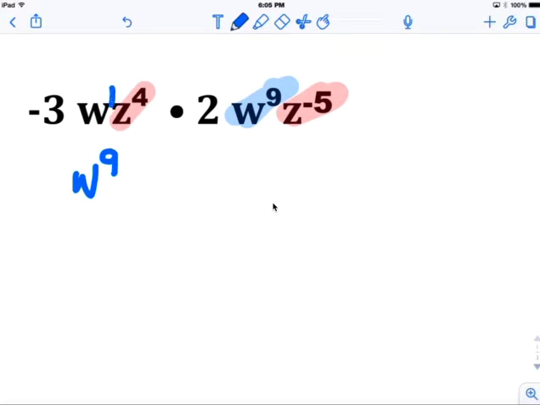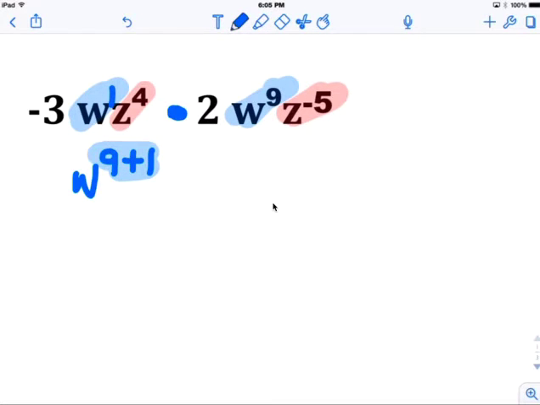And this is a w to the 1st, okay, invisible one. So this belongs right there. So plus, when you're multiplying exponents, when there's no parentheses, you're adding them. Okay, you add them. This is how you show the work.